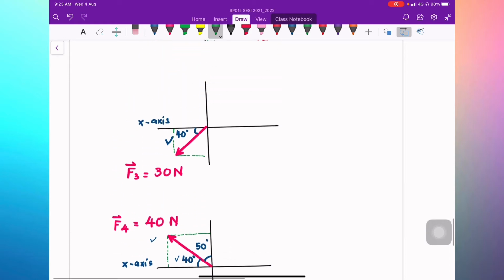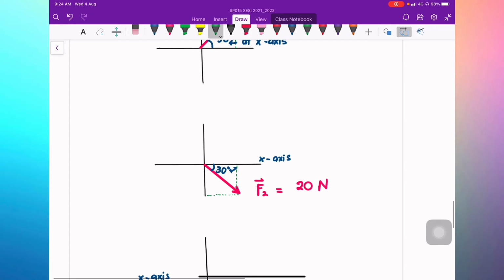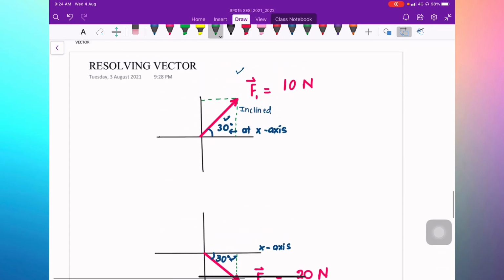After that, we need to draw the resolving arrows. I use the green color to show you how to resolve into X. Start from the origin. This is the corner.